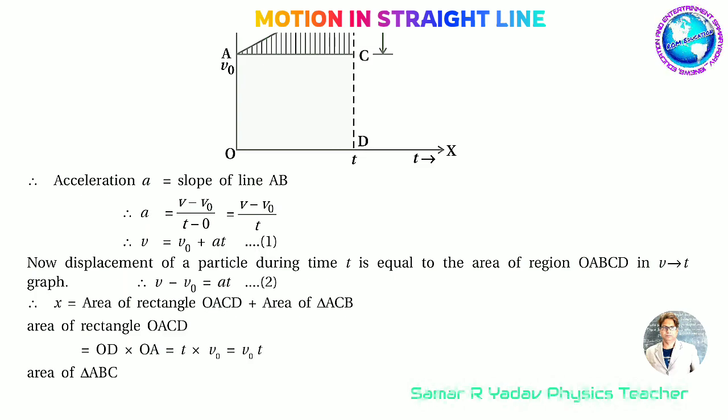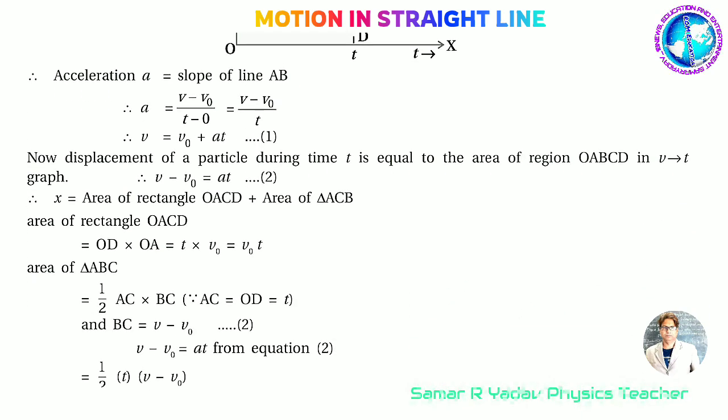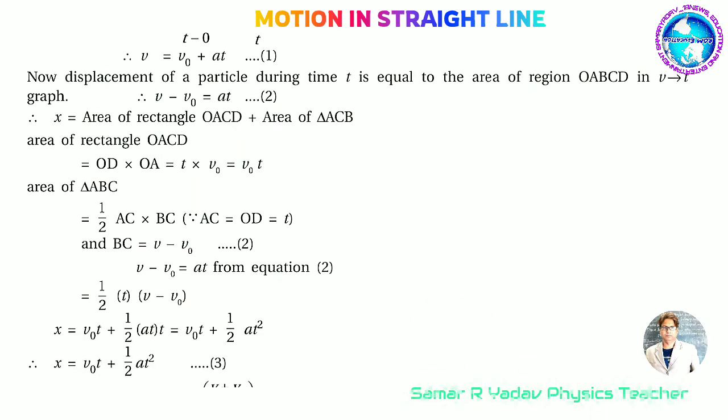The area of rectangle OACD is equal to OD into OA, equal to t into v0, equal to v0t. The area of triangle ABC is equal to 1/2 AC into BC. Therefore AC is equal to OD, equal to t, and BC is equal to v minus v0, therefore v minus v0 is equal to at from equation number 2.